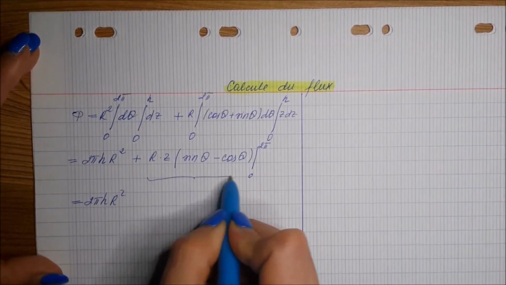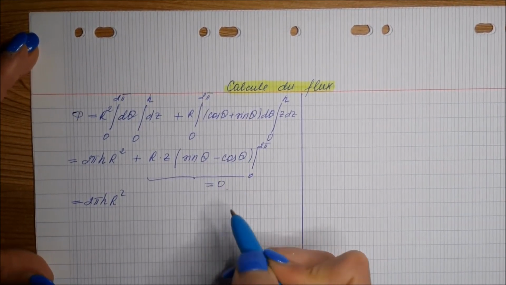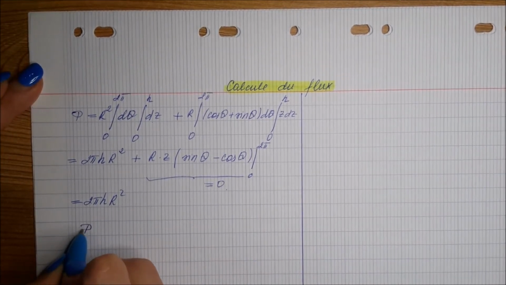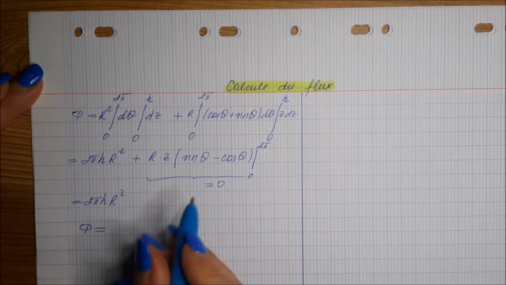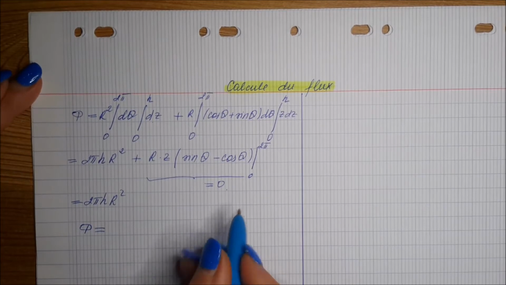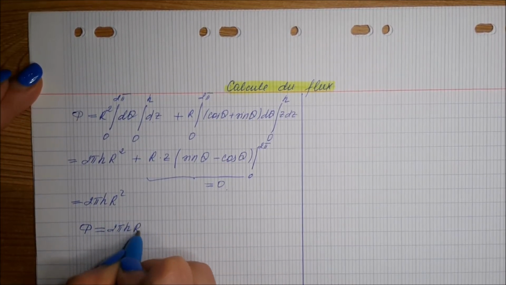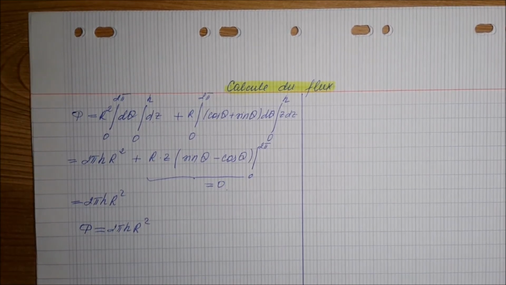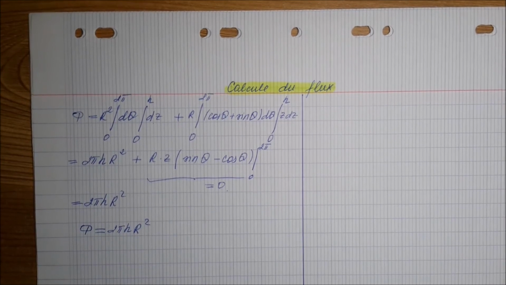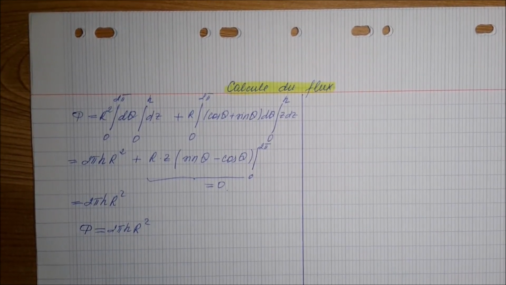So for this term I will obtain 0. Cosine of 2 pi, 1 minus 1, equals 0. So the total flux will be equal to 2 pi h r squared. The flux is not 0 across this open surface.